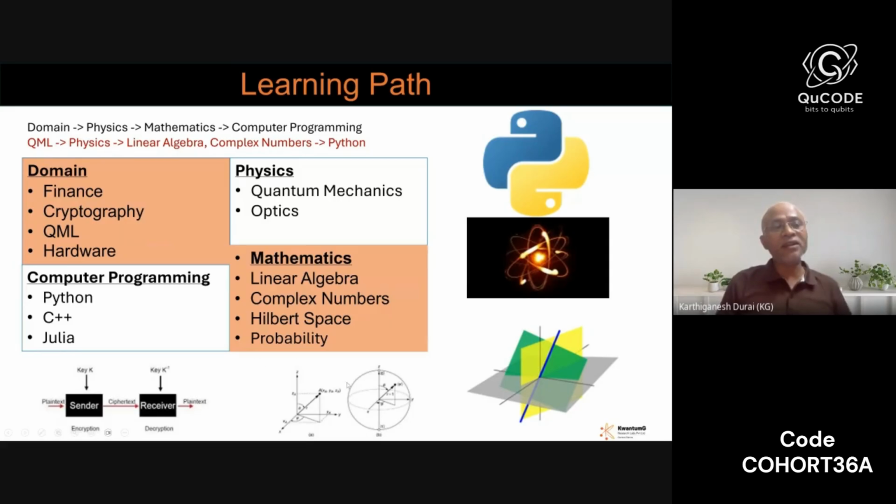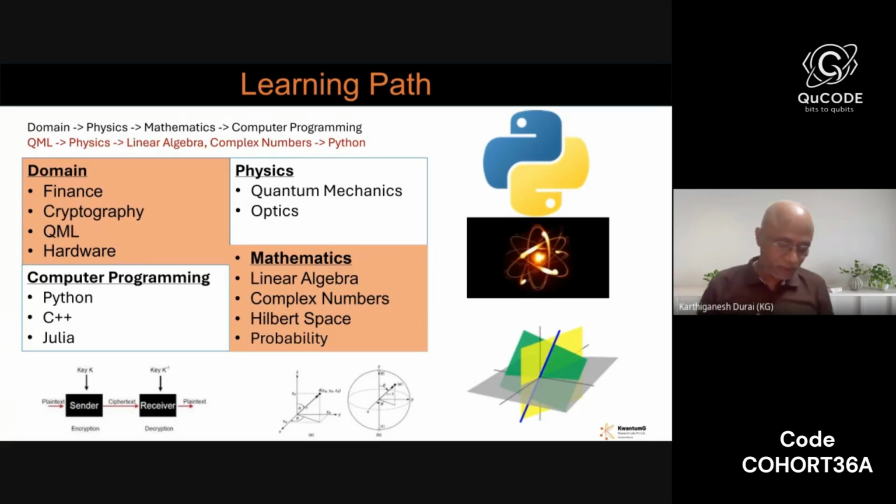You should first identify the domain in which you are going to build quantum computing solutions. I have listed finance, cryptography, QML, hardware, but there are many.